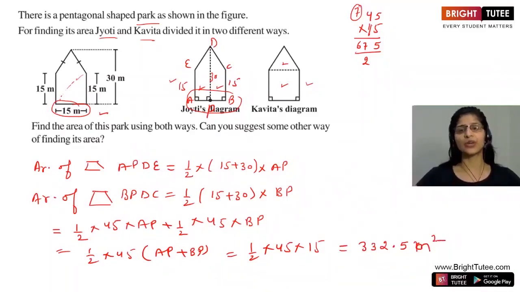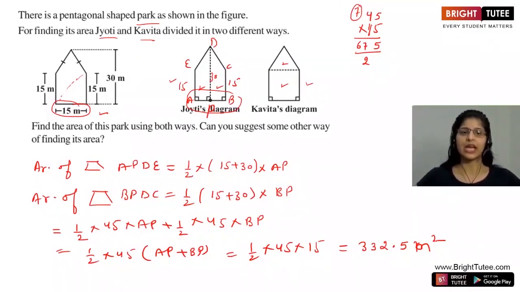Again, I am explaining what we have done. According to Jyoti, the diagram is divided into two trapeziums, right? Trapezium APDE and trapezium BPDC. Now we know the formula, but we don't know the height in this diagram. So height we kept as AP and BP. When we add these two, we get the sum as 15, because it forms AB, and AB is given to us as 15.